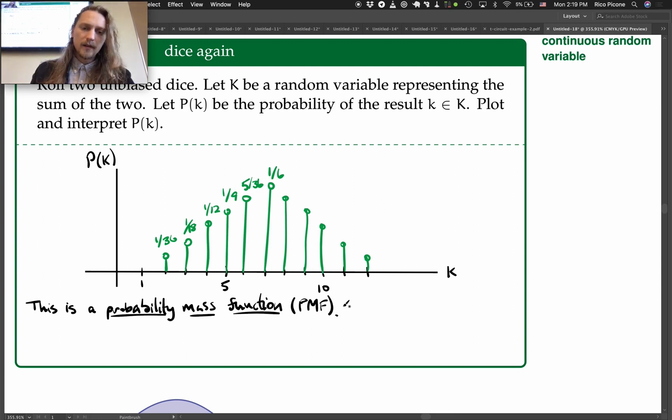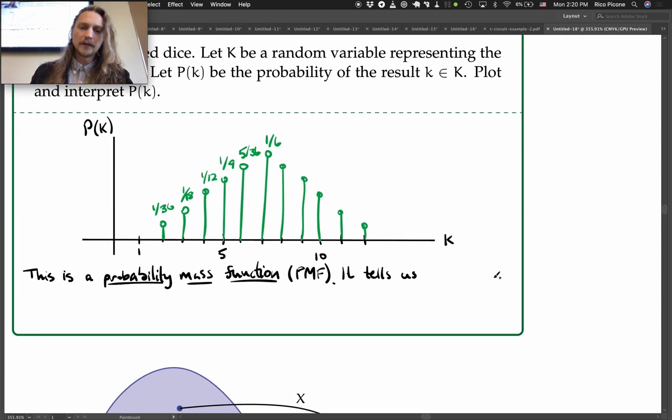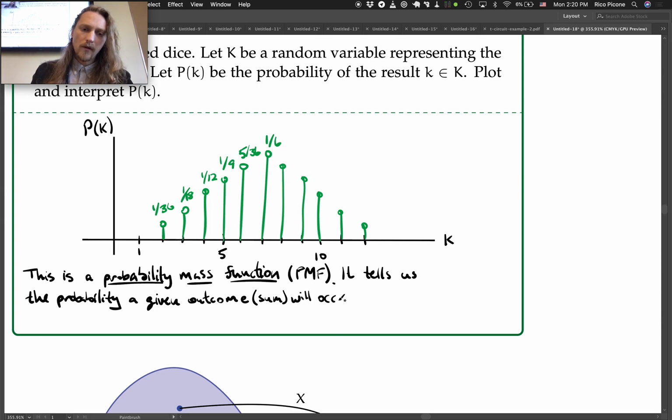It tells us the probability a given sum will occur. Great. We'll talk more about probability mass functions in the next lecture.